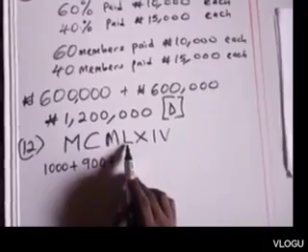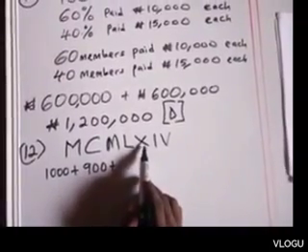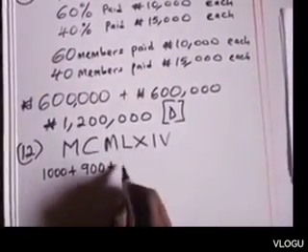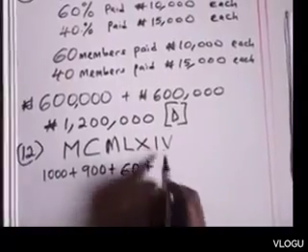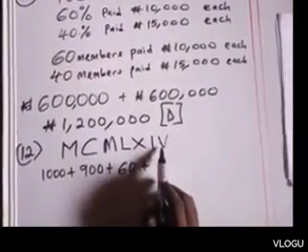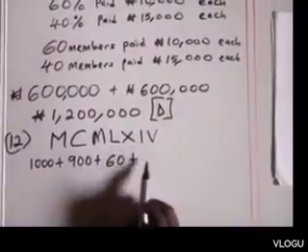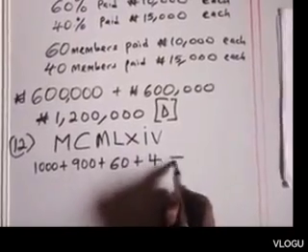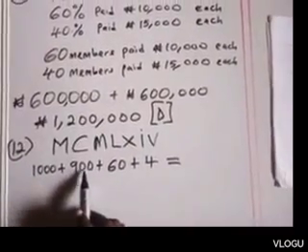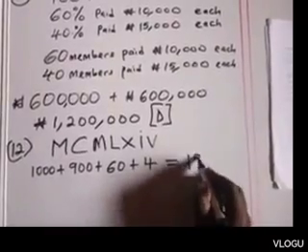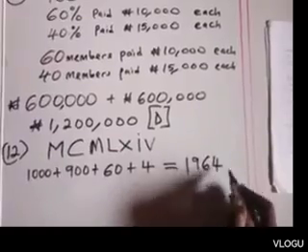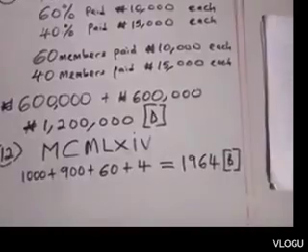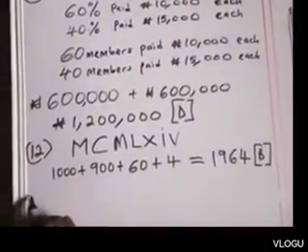L represents 50, but we are having X next to it. So we are going to add these two together, and that is 60. And the last one, IV. Assuming we are having VI, that should have been 6, but IV here represents 4. So let's add it together. That will give us 1,964. That is option B.